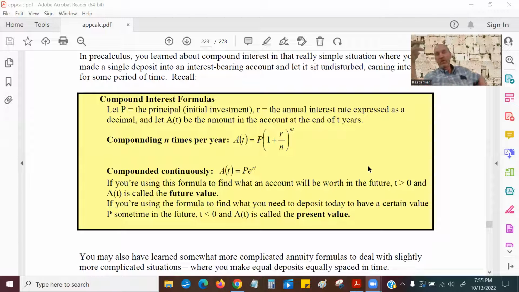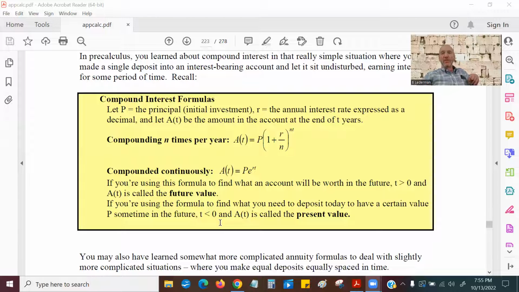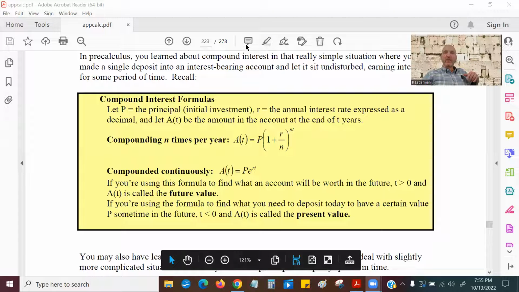Maybe I only need to invest 800 now, or whatever amount, and then it's going to be 1,000 in a couple of years. So future value, present value. Present value is what you need to invest in order to get a certain target amount. And people do that, by the way. They're thinking, hey, I'm going to need this much money by this time, so I'm going to have to invest this much, and they crunch it all out. I like this because this is very practical. This is the real world.